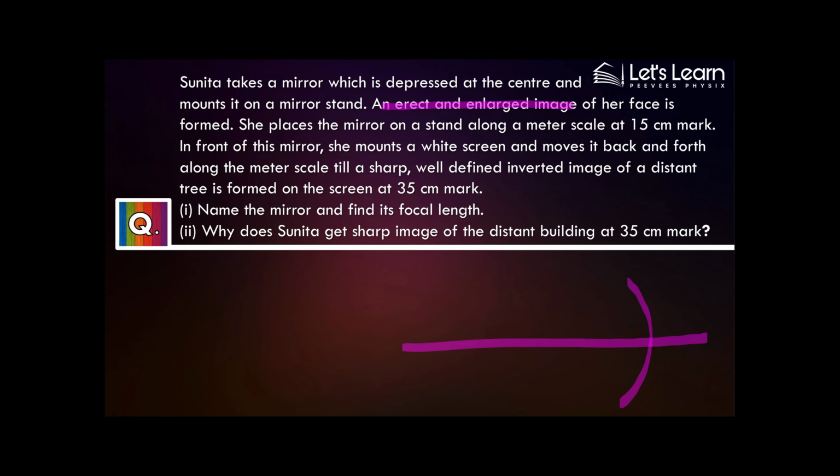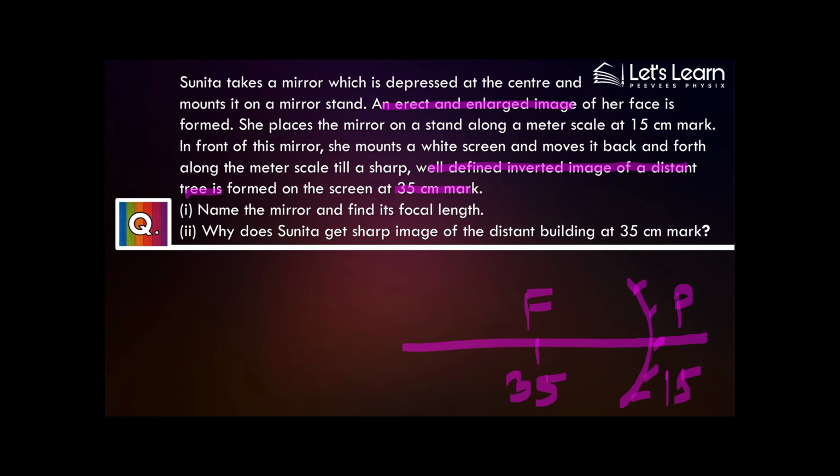She places the mirror at the 15 centimeter mark. The question says a well-defined image of a distant tree, which means the object is at infinity, is formed at the 35 centimeter mark. So this is the 35 centimeter mark, which is the principal focus, and 15 centimeter is the pole.